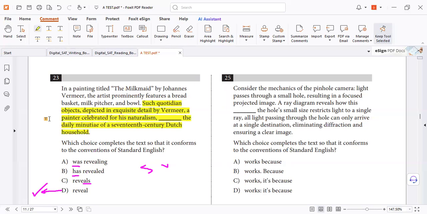Remember time. So look, such quotidian objects, subject, and then a past participle. Look, as I told you, comma, verb. The writer wants to add many non-essential phrases. Look, non-essential, and again non-essential. So no problem: comma, non-essential, comma, no problem, the subject, verb. So here we test you for the verb. So your subject must be here.